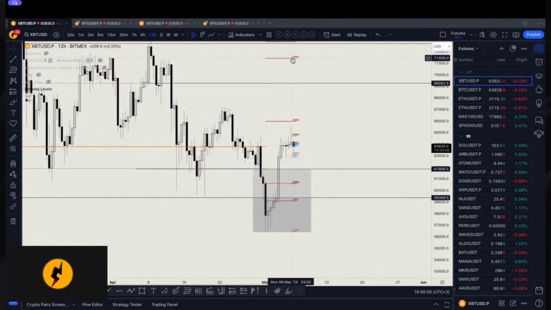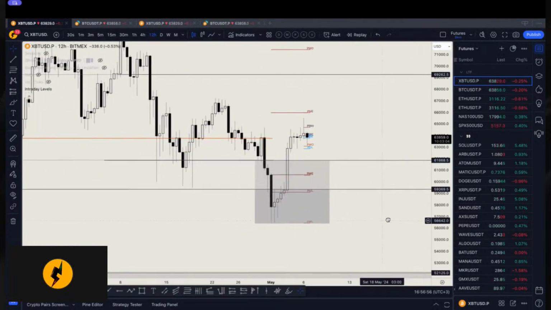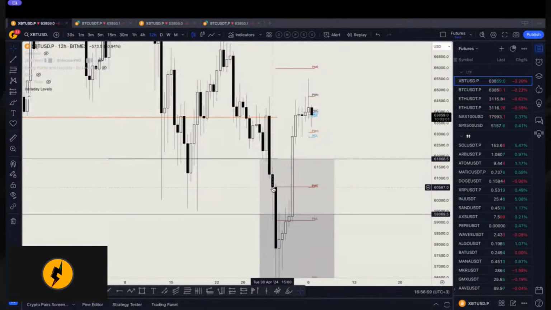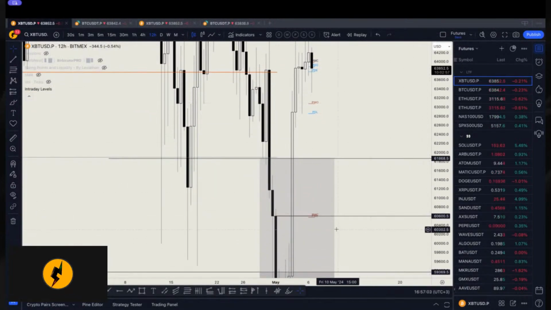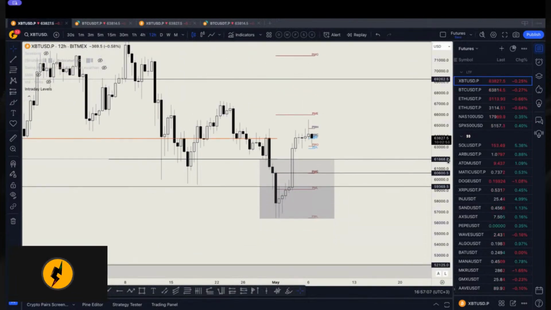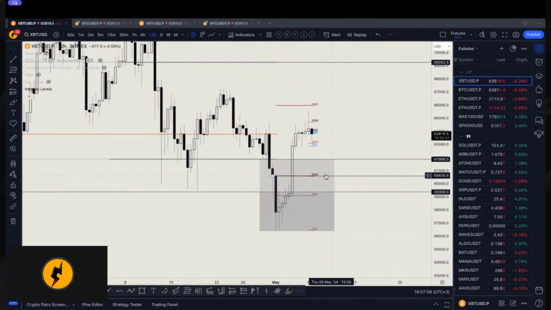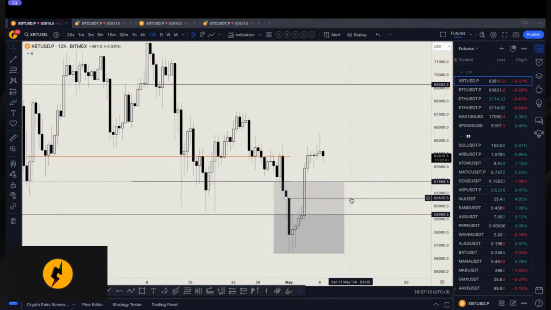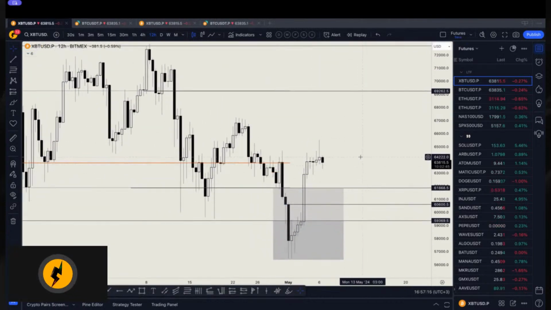Okay, so this is the previous month. We can also go here to test the previous month close, which is the monthly open as well. So the monthly open is around here as well. I'm not sure if we are going to get a retest to here, 66,000.